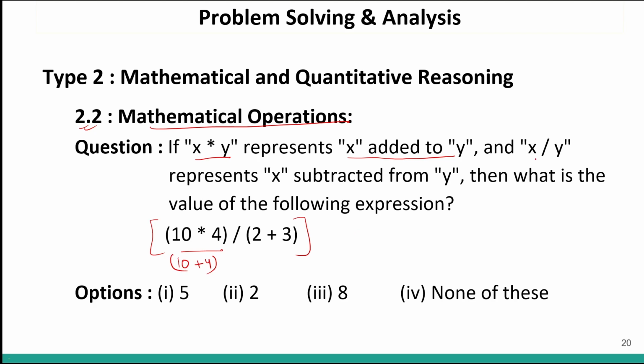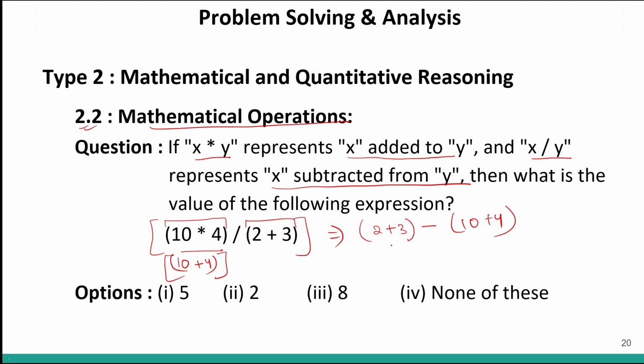Now, the second thing, x divided by y represents that x is subtracted from y. So this element divided by this element basically means 2 plus 3 minus 10 plus 4. This is how you solve questions for mathematical operations. Now 10 into 4 is represented as 10 plus 4. Correct? So this will be my final equation.